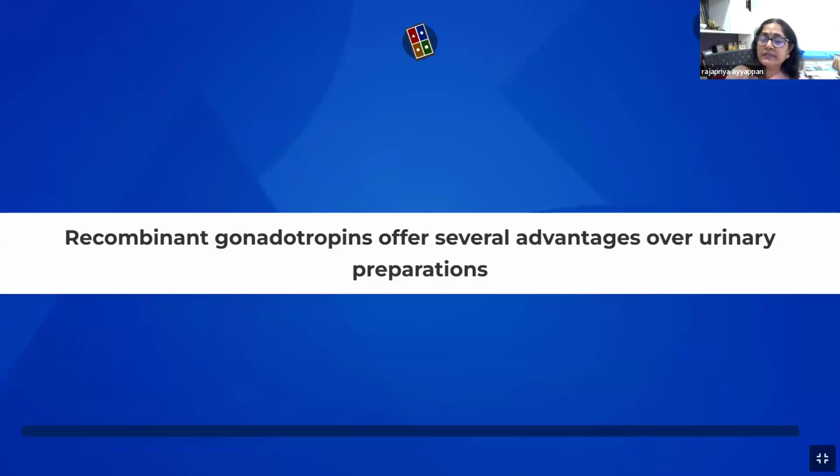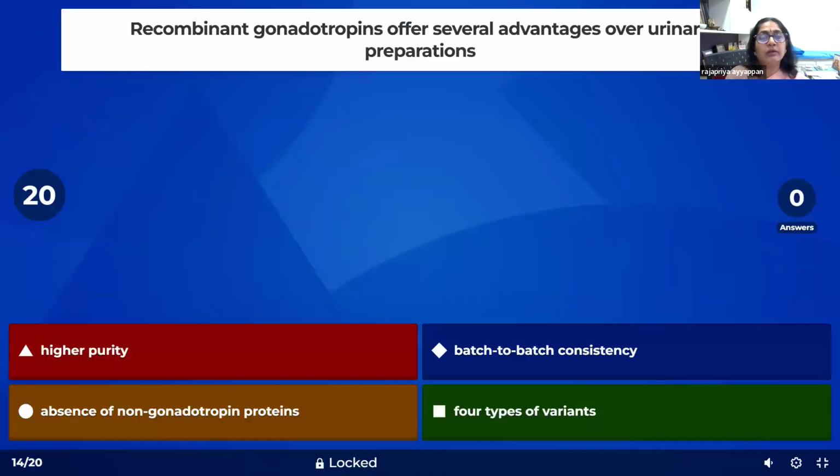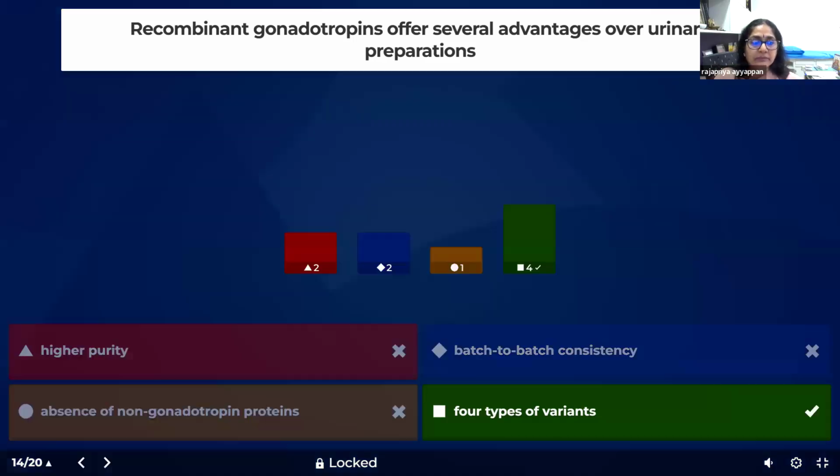Recombinant gonadotrophins offer several advantages over urinary preparations. Higher purity, batch-to-batch consistency, absence of non-gonadotrophin proteins, and 4 types of variants. Four types of variants is the answer.